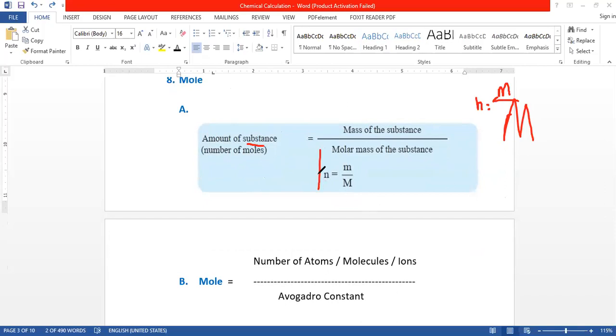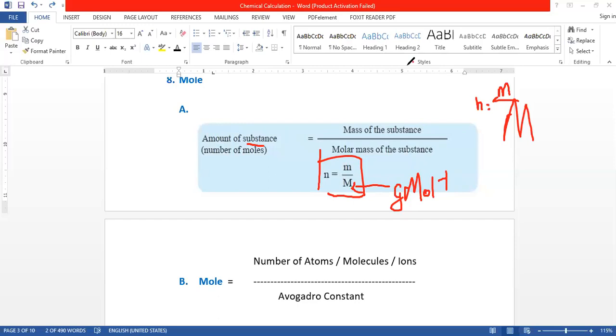This is the equation you must know. What is the unit of this molar mass? Gram mole minus 1.